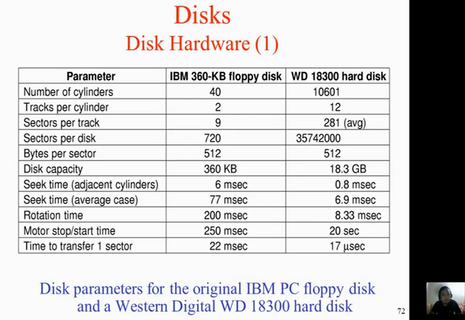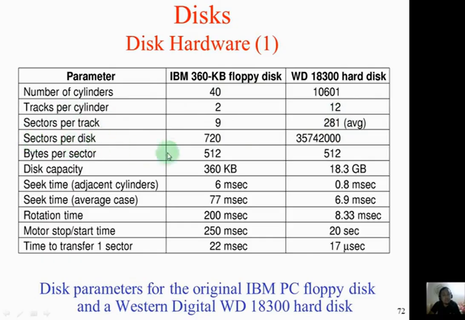This is an example of the disk parameters for the original IBM PC floppy disk and a Western Digital WD 18300 hard disk model. The IBM 360 KB floppy disk has 40 cylinders, but the WD 18300 hard disk has 10,601 cylinders. Per cylinder there are 2 tracks in the floppy disk and 12 in the hard disk, and sectors per track is 9 here and 281 on average.